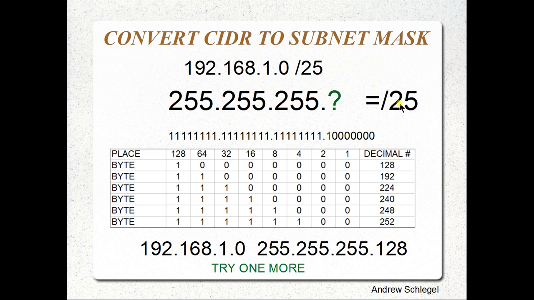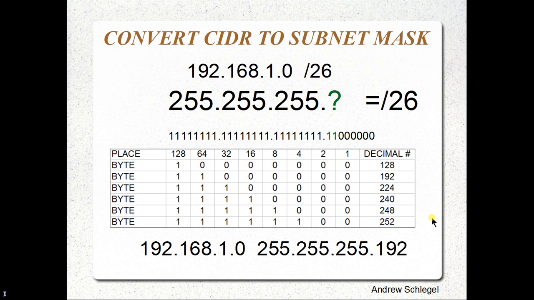They can just understand this as 25 network bits very easily. But the machine has to see the subnet mask. So you have to be able to convert back and forth, because if you're given it on a piece of paper or something, usually they write /25, but when you enter it in the machine, you have to enter 255.255.255.128 if it's a /25. All right, great. So let's do another one.